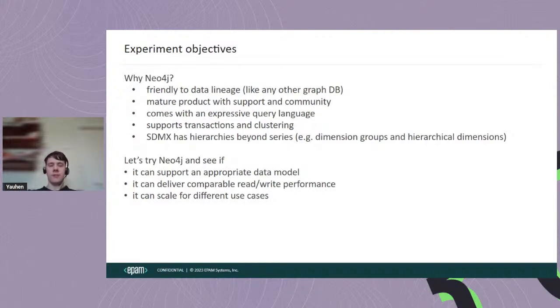It supports several query languages, Cypher among them, and it has some advanced features like transactions and clustering. Plus, SDMX itself may benefit from the capabilities of graph databases for capturing some advanced hierarchies, because we may work not just with series and observations, but also with some higher-level structures like dimension groups.